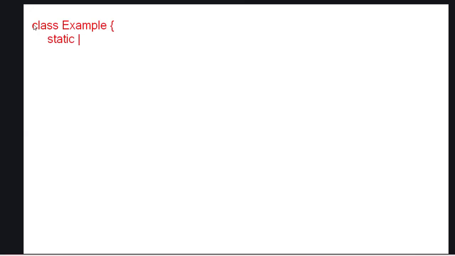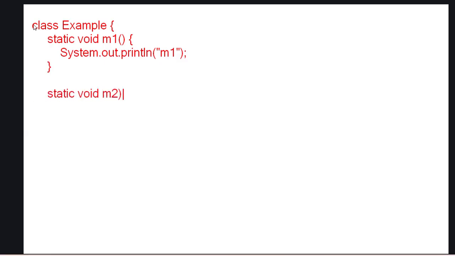It can be static or non-static, okay? Static void m1 open bracket, System.out.println of double quotes m1. Everyone tell me, can I return any value from this m1 method? No. Close this bracket. Next, static void m2.